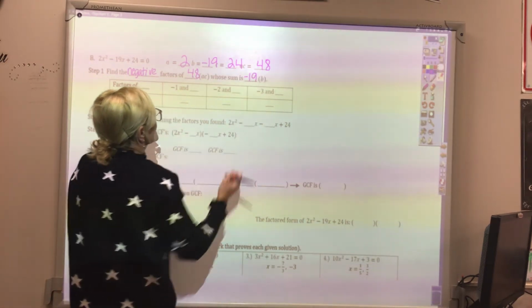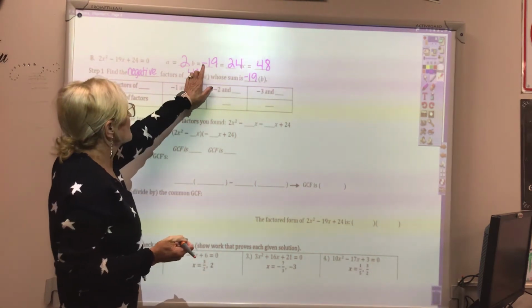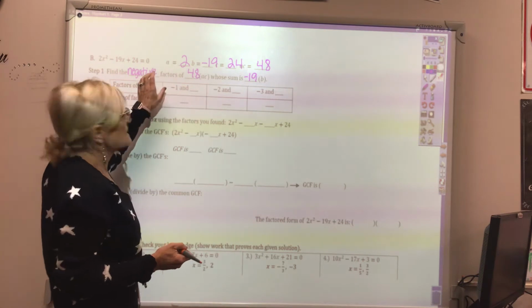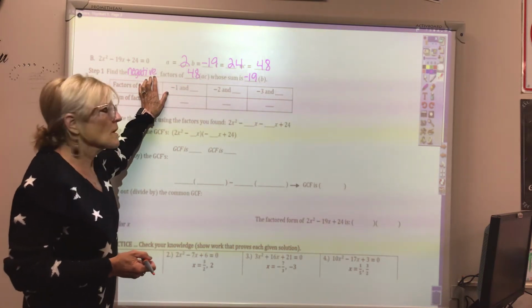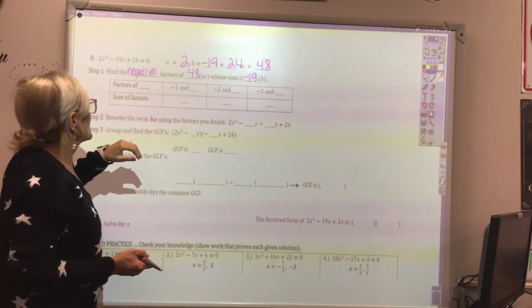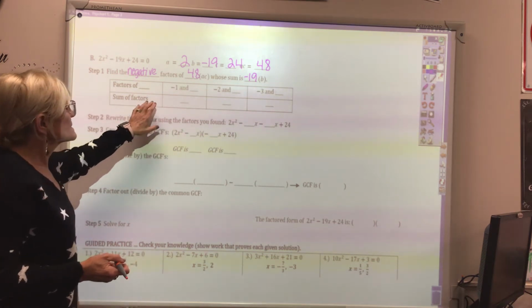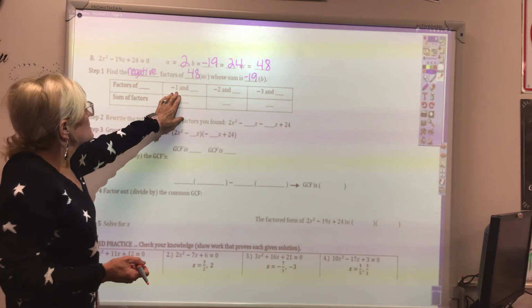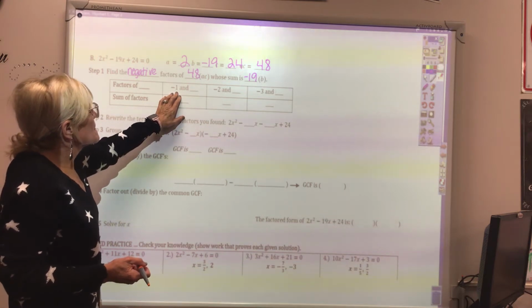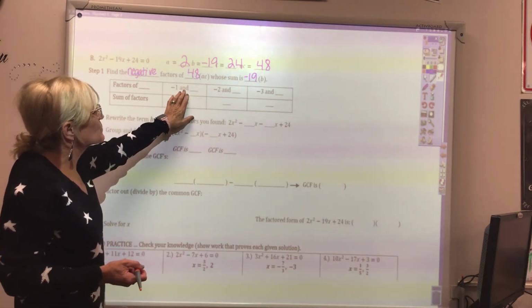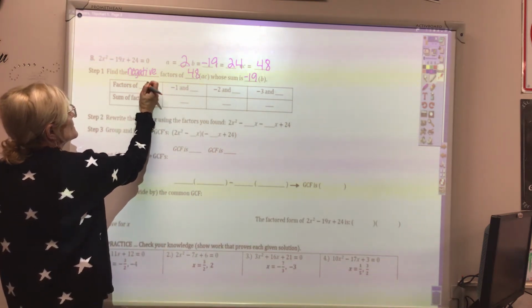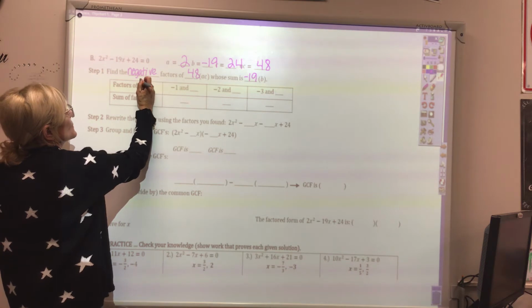The reason I said the negative factors is because the two numbers have to add to negative 19, and a negative times a negative will give us a positive. So what I have done is I've listed out the numbers that possibly could work, and we're looking for our factors of 48.